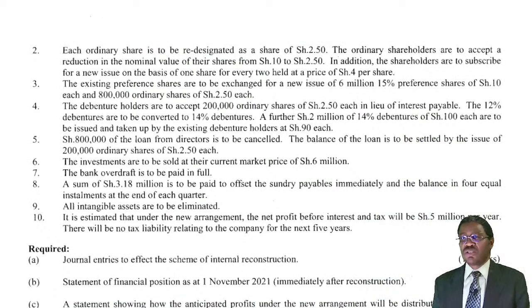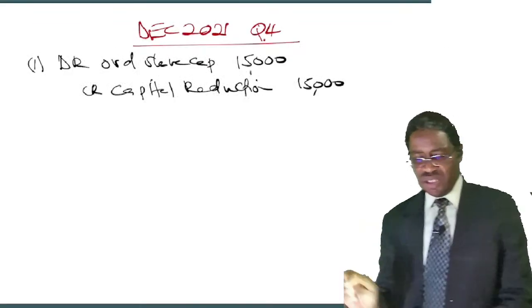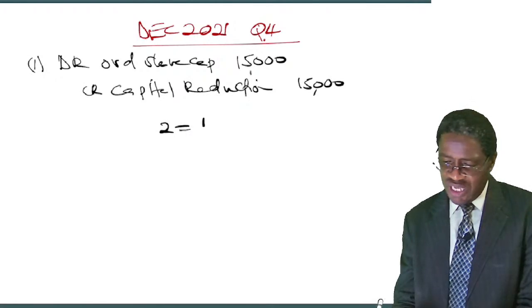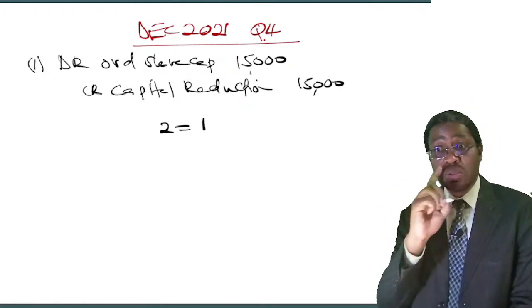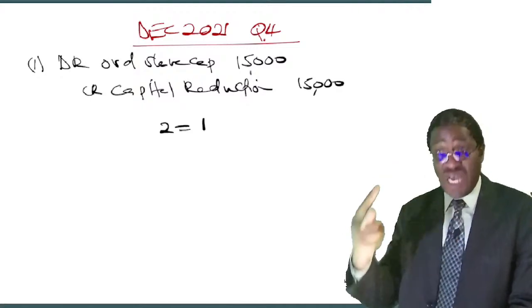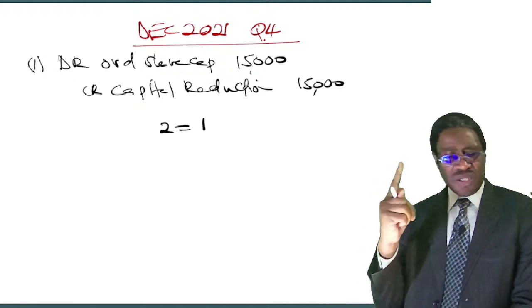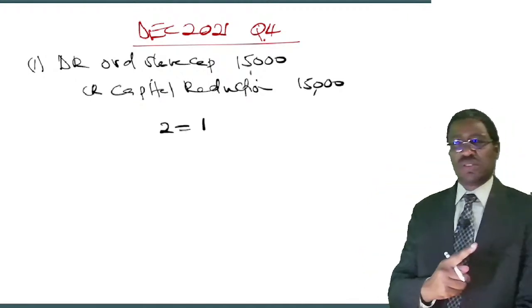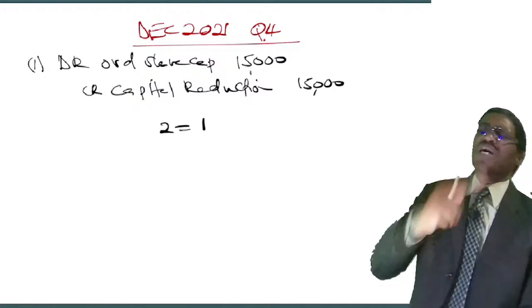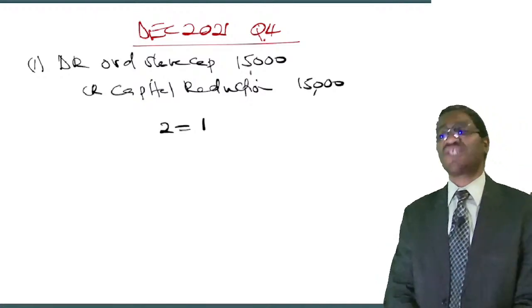In addition, the shareholders are to subscribe for a new issue on the basis of 1 share for every 2. So for every 2, they are given a privilege of buying 1 more. Then you go back to the question and ask yourself, this company had how many ordinary shares?